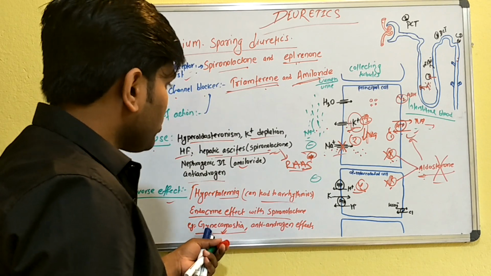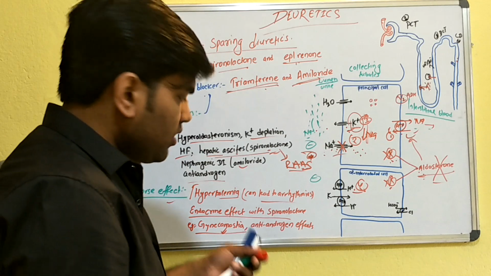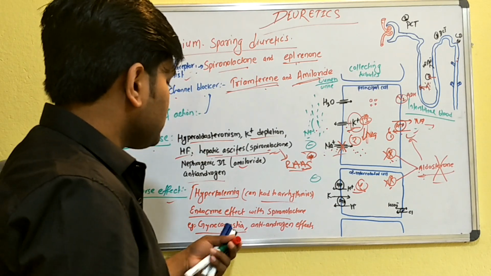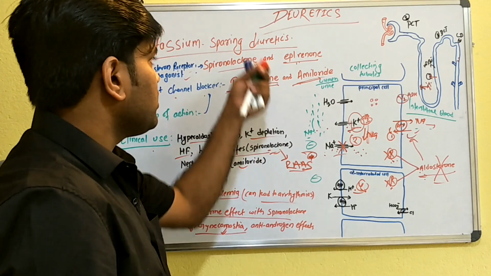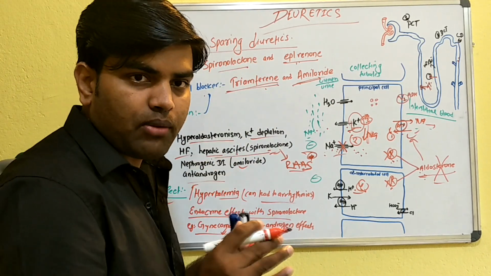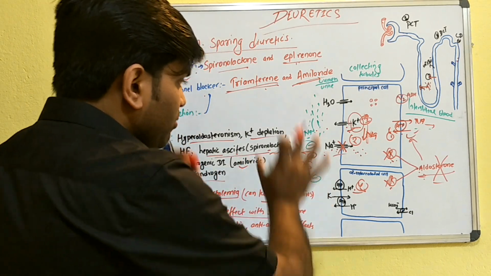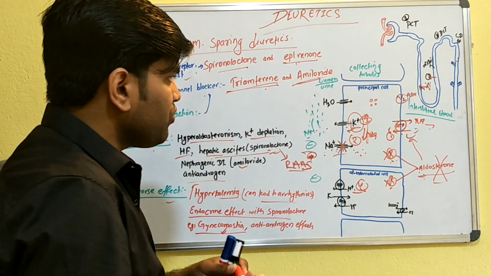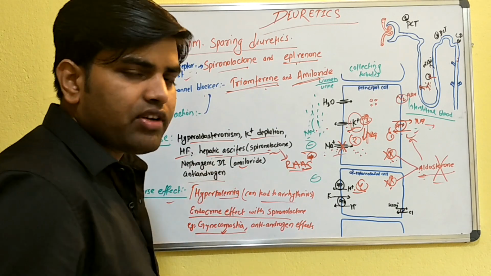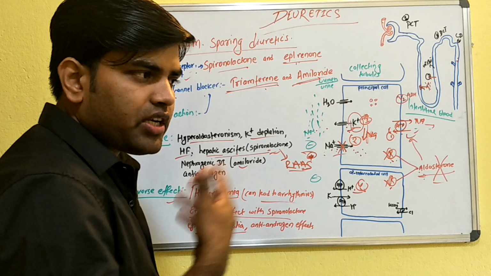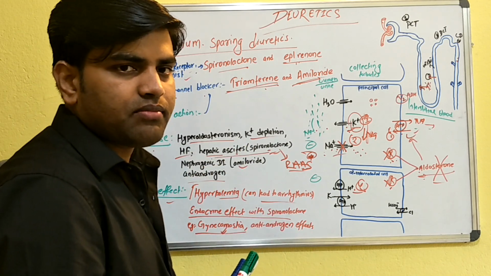So sodium channel blockers can be used in combination, or wherever you are indicated, in case there are side effects like gynecomastia and anti-androgenic effects, which are effects of the aldosterone receptor antagonist. I hope you understand. This is a very simple but very important concept. If you know it, it is very useful in your daily life, while dealing with patients in the clinics as well as dealing with test questions. Okay, thank you.